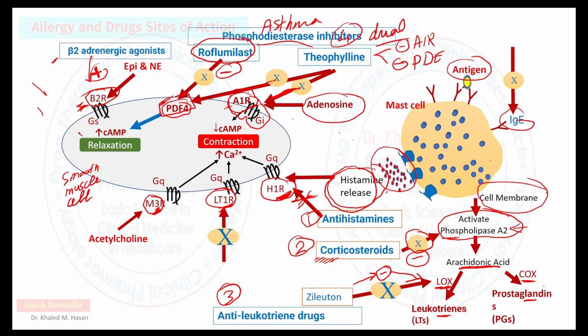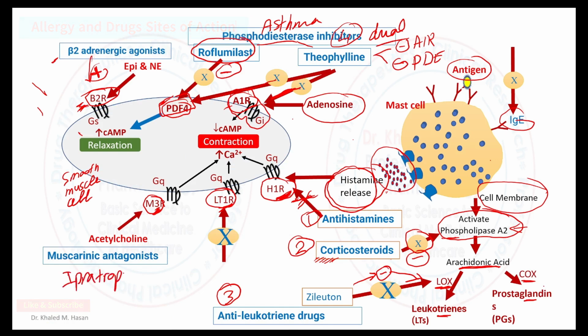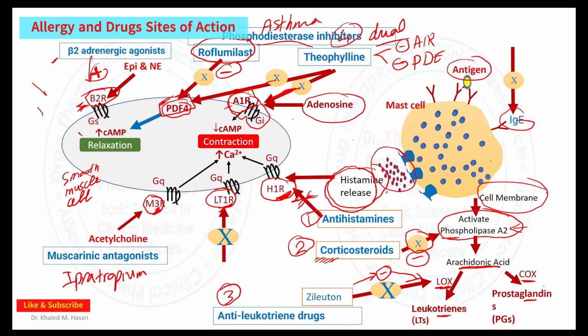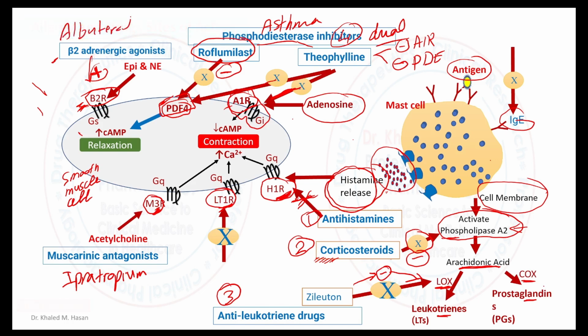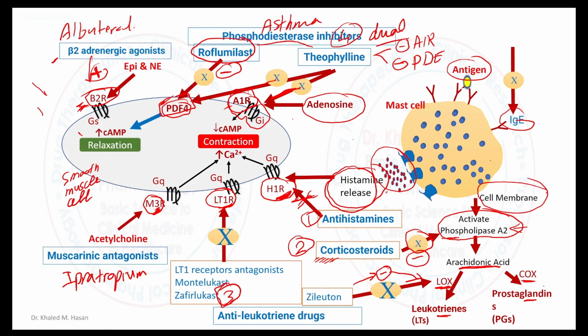Then we have the muscarinic antagonist, for example ipratropium. Here we have albuterol, which belongs to group number 3.